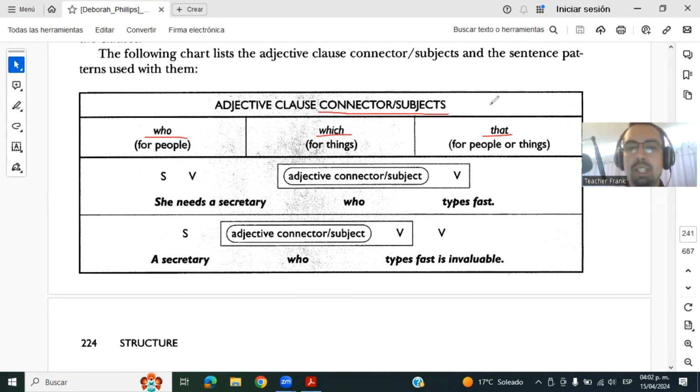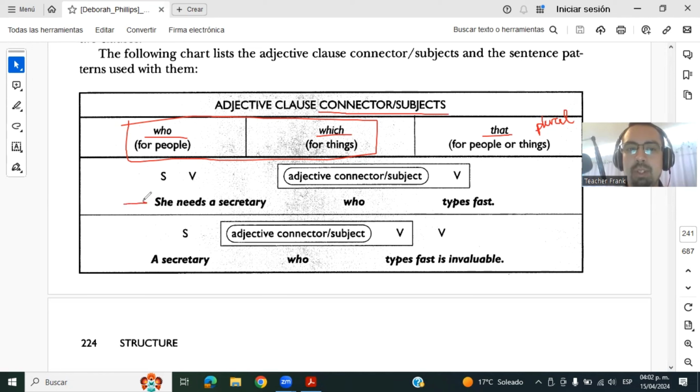If you ask me what's the difference between who and which, well, who is for people, which is for things, but singular, as a general rule. And that is for people or things, but plural, so that is typically when we have many people or many things, right?